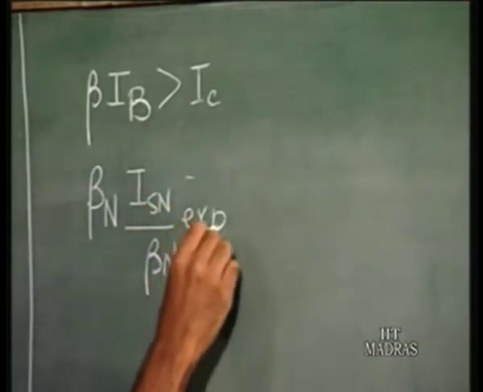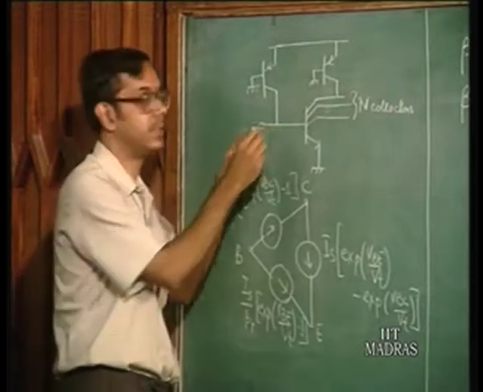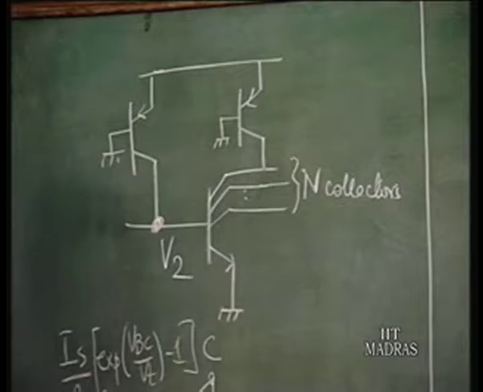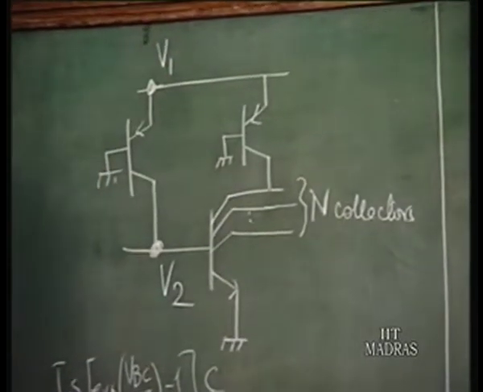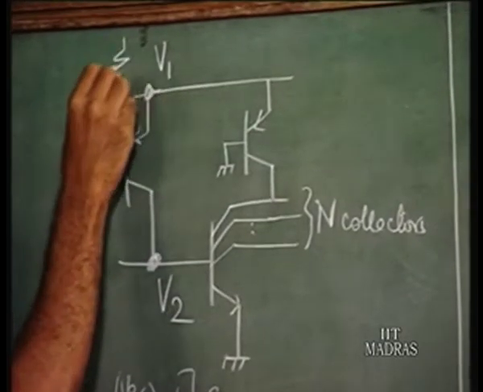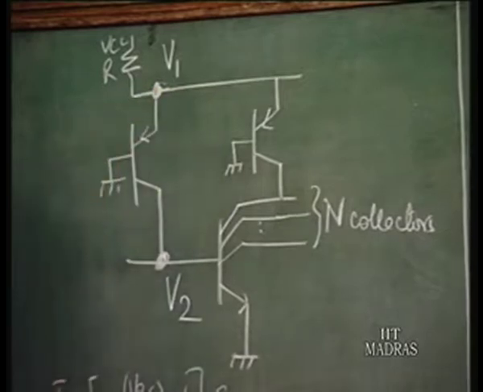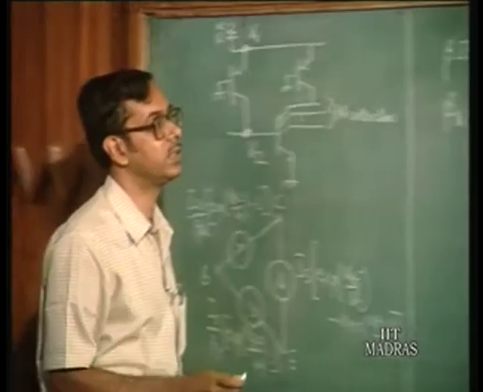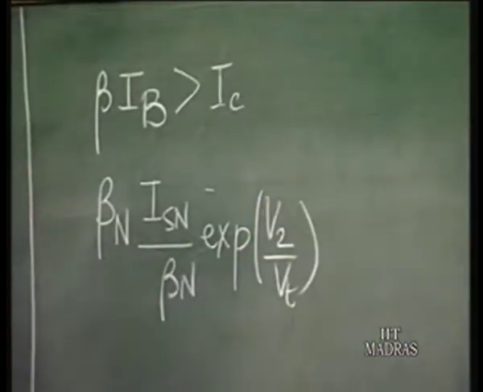And we can just take exponential VBE by VT. Here what I will do is, I just write this voltage here, I call this voltage V2, and I call this voltage at this point V1. Of course, this is coming from some external resistance, but this voltage is V1, and this voltage here is V2. So, this becomes exponential V2 by VT.